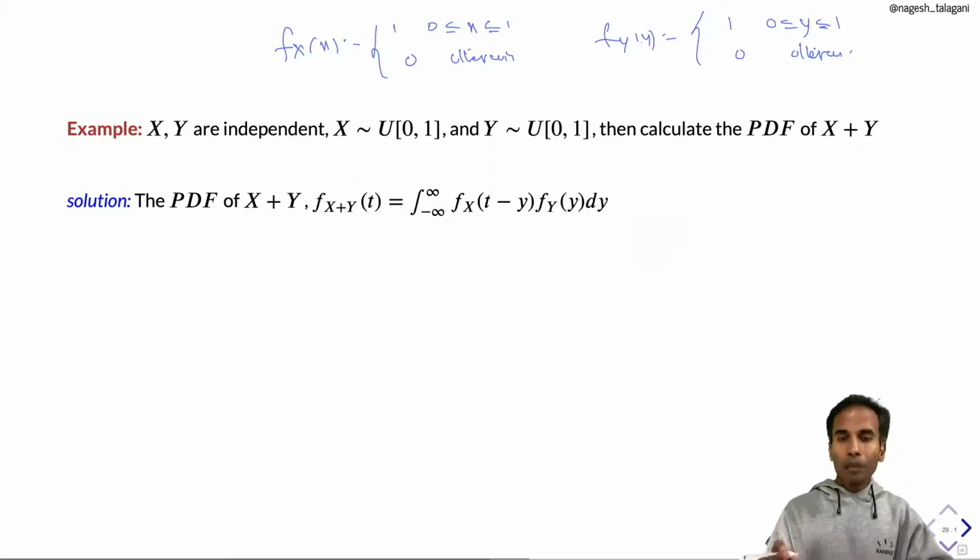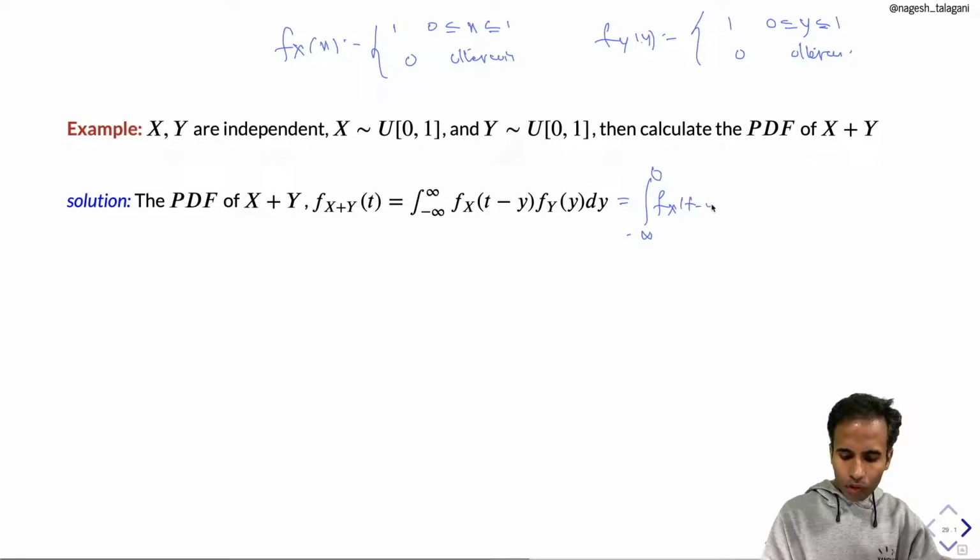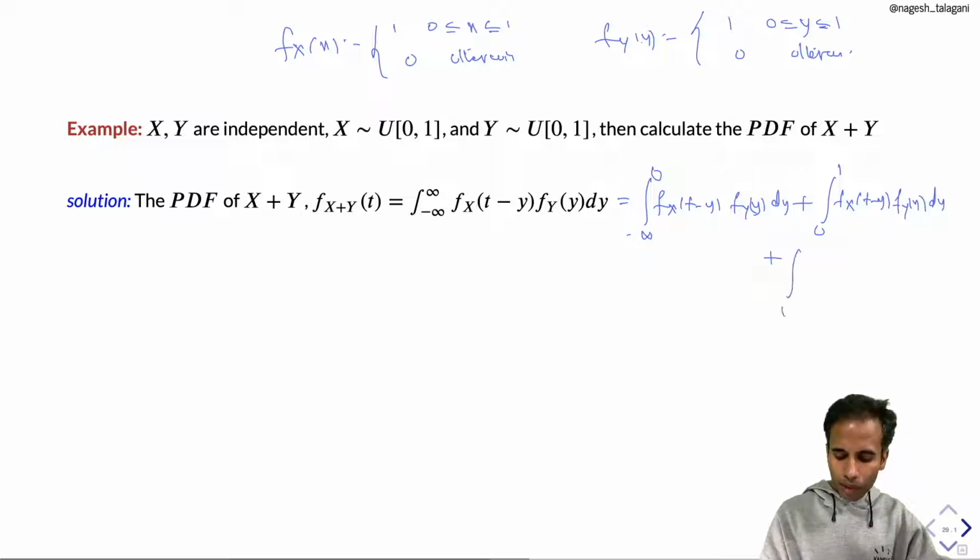Let me break this integral into three parts like this: minus infinity to 0 of fx of t minus y fy of y dy, plus the integral 0 to 1 of fx of t minus y fy of y dy, plus the integral 1 to infinity of fx of t minus y fy of y dy.